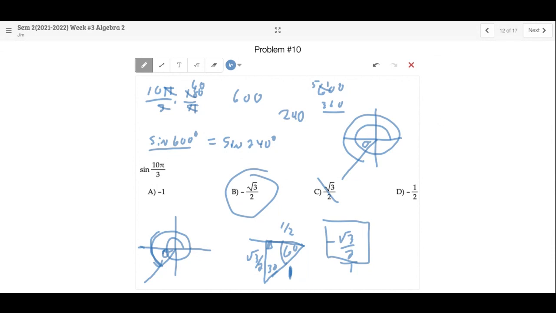Sine is positive in the first two quadrants, negative in the third and fourth. So that type of problem uses everything that we learned last week and this week. Being able to change from radian to degree, being able to write out a reference angle, and then using special triangles.